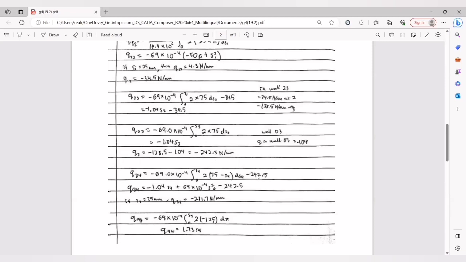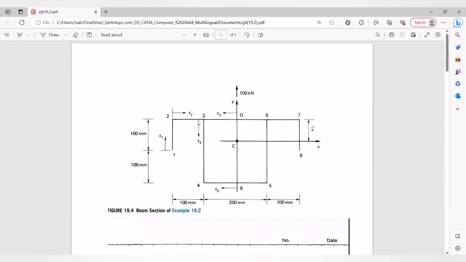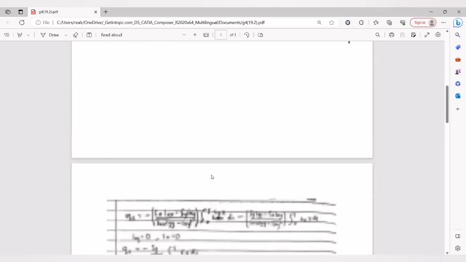So we can add it to get Q from point 3 to point 4 using the general equation. This 2 is always the thickness, and then 75 minus S4, where S4 is moving downward, and 75 is still above the center.